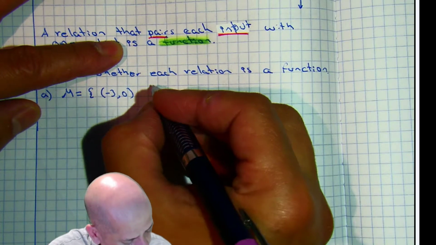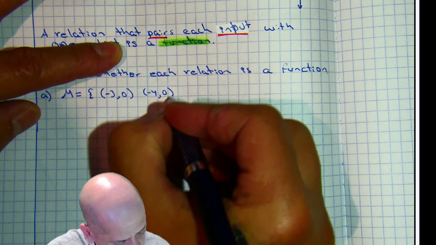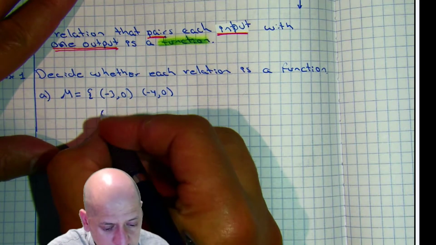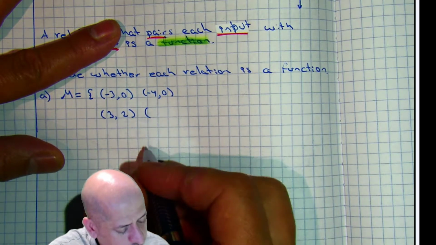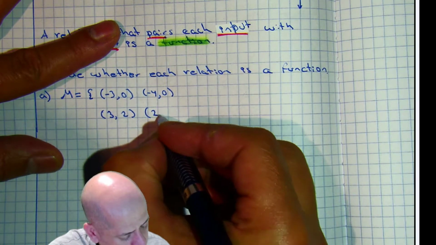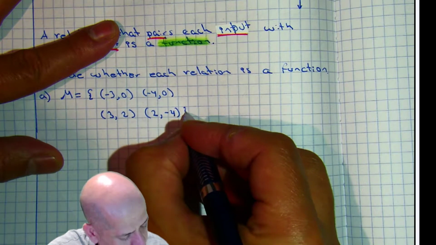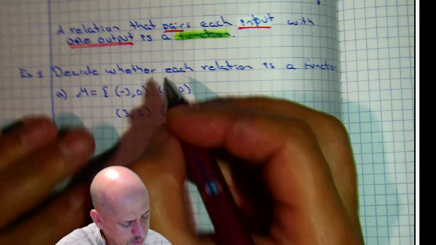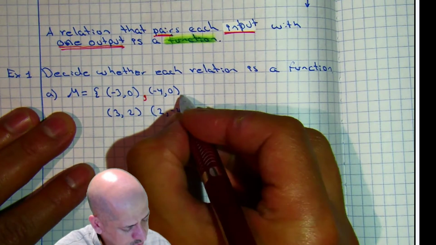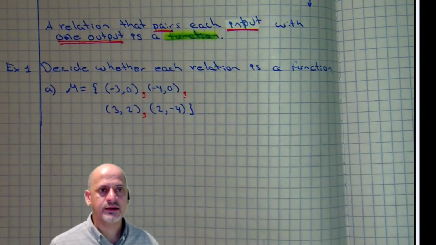Then we have a -4, 0. Then we have another point that is 3, 2. And finally, we have another point that is 2, -4. And then we're going to place another brace here to close it up. Now, usually we place commas in between. So I just place my commas in red, so that way I don't get them confused with anything else.